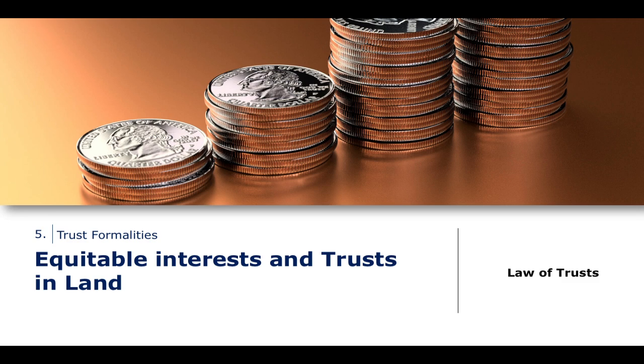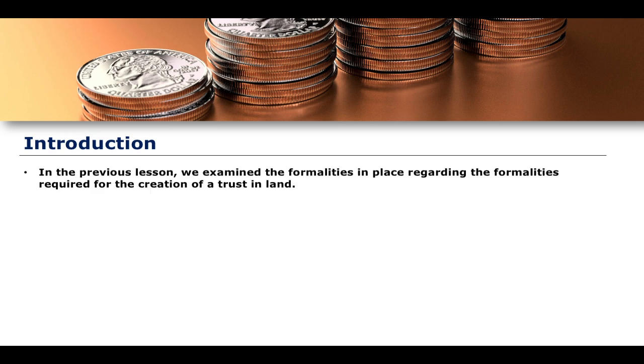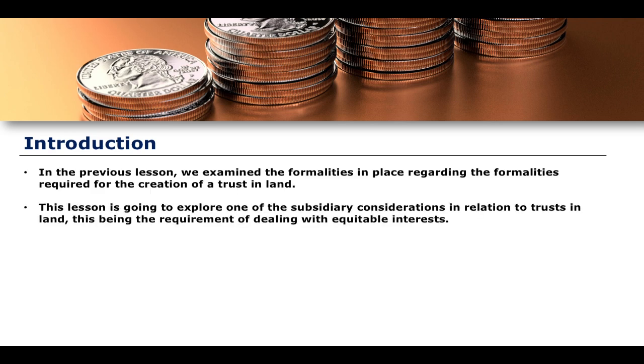So we're going to be talking about the disposition of equitable interests and trusts in land, and it doesn't even just necessarily require an understanding of trusts in land. Fundamentally, we examined the formalities that were in place regarding the creation of a trust in land. We're going to talk now about some of the subsidiary considerations in relation to trusts and the formalities of trust.